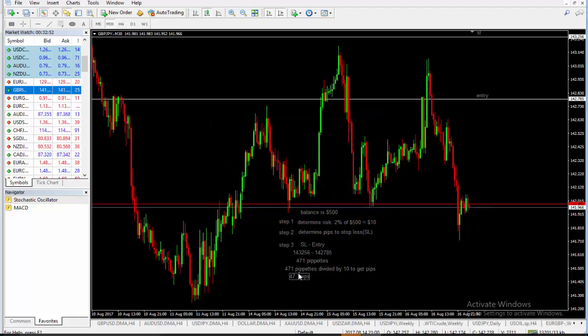Right, now step 4, your volume. No, your value per pip. Sorry guys. The balance is step 1, determine risk. 10 pips to stop loss is step 2.